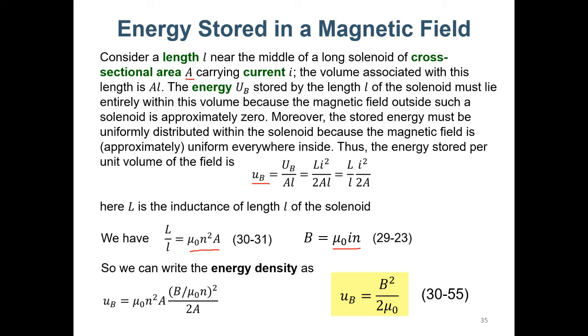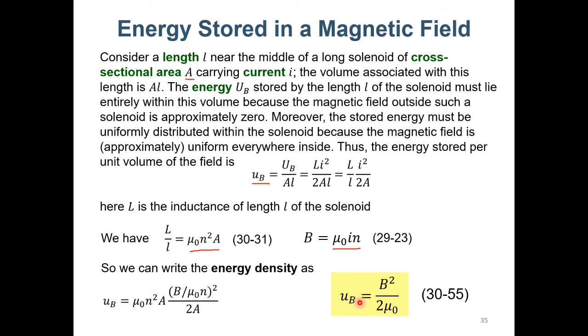So we have this term. This one we just substitute i, and then we have this term. So we make some simplification because n squared can be cancelled, one of the mu zero can be cancelled, A can be cancelled. So it's just left with UB equals B squared over 2 mu naught.